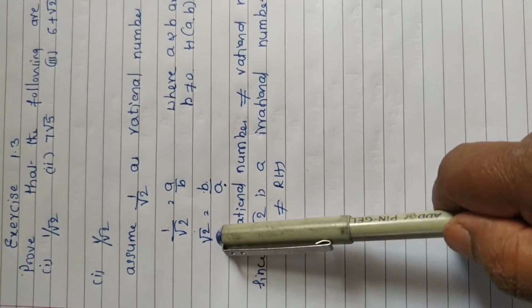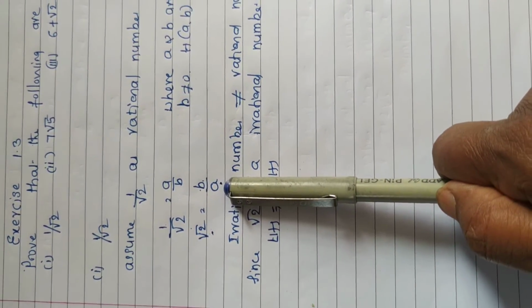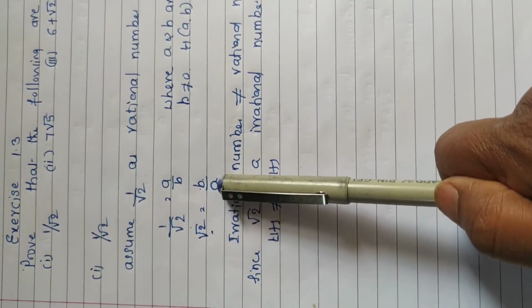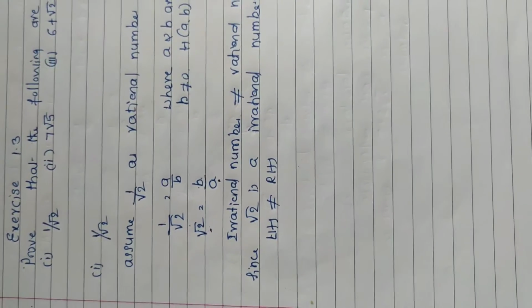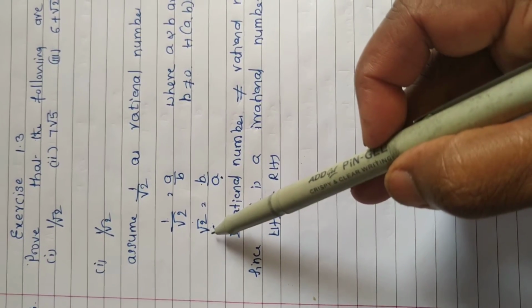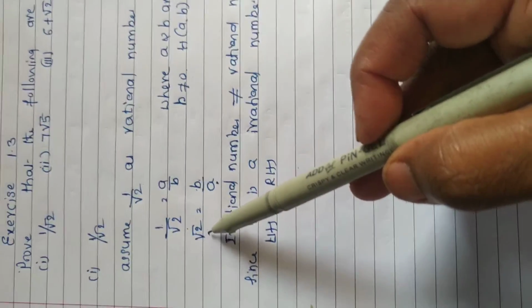An irrational number is never equal to a rational number. Here the RHS, b by a, is a rational number, but root 2 is proved to be irrational.